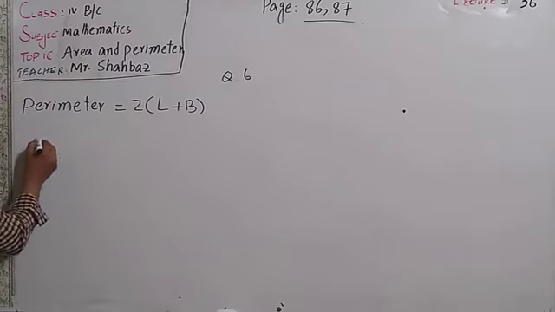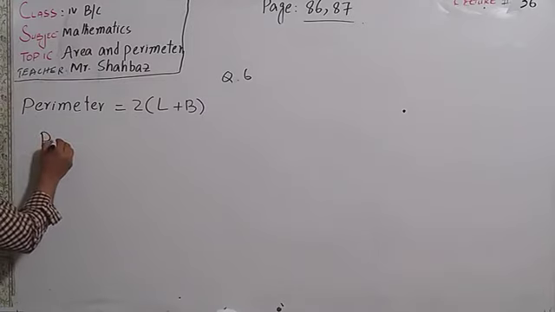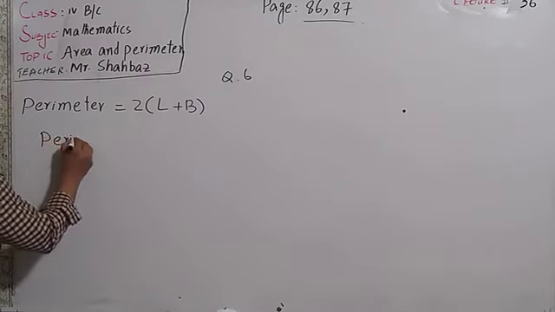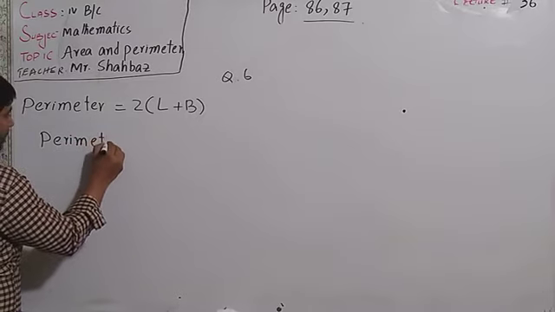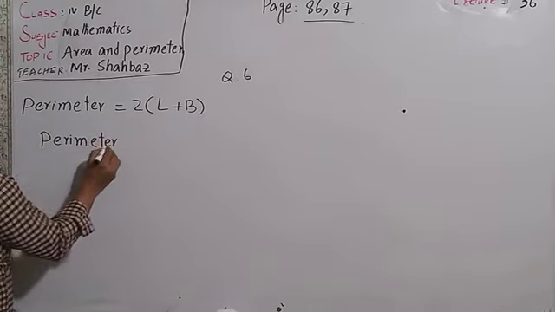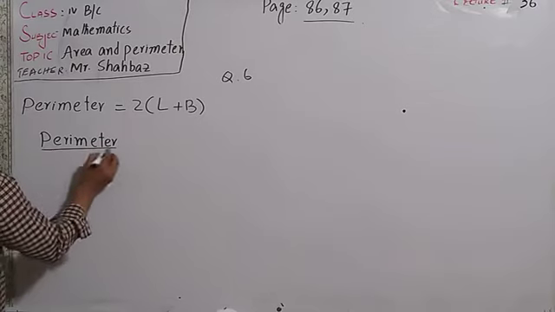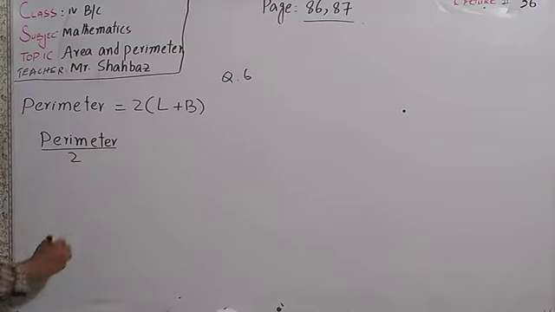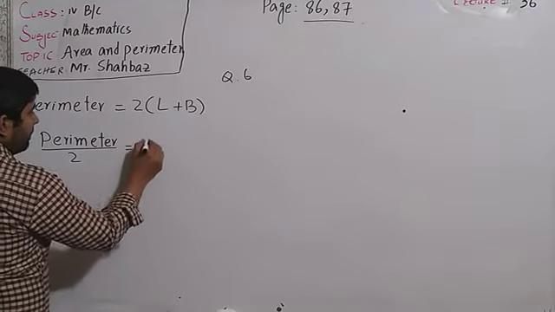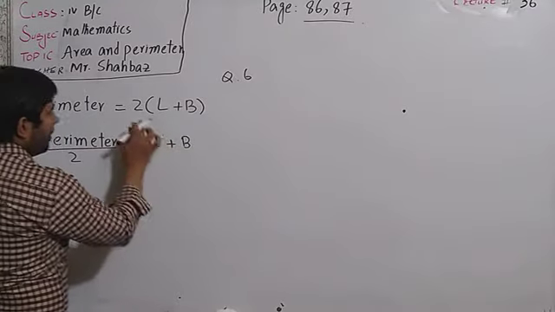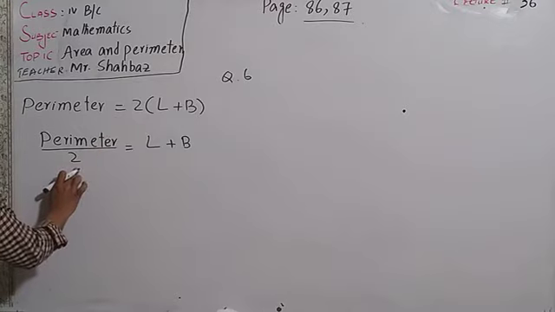So perimeter divided by 2, and then length and breadth will be. This 2 here, multiplied, will be divided here.